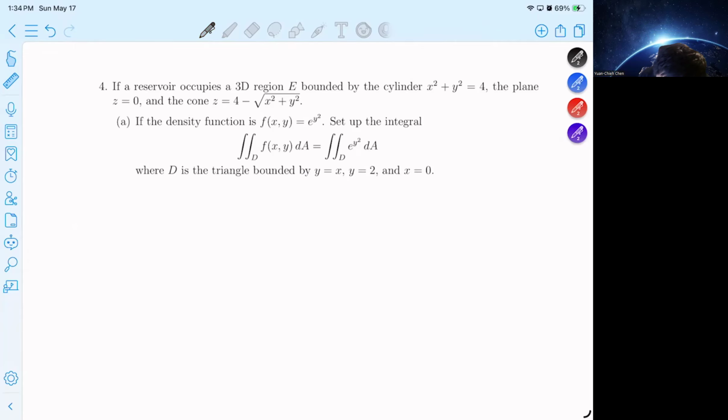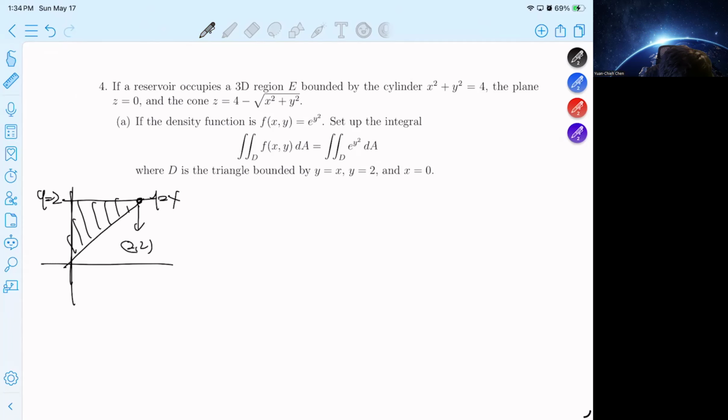So the D is a triangle bounded by y equals x, y equals 2, and x equals 0. So this is my triangle. So we can solve it. This is 2, 2, and this is 0, 2, and this is 0, 0. So now I want to set up the double integral of e to the y squared dA.